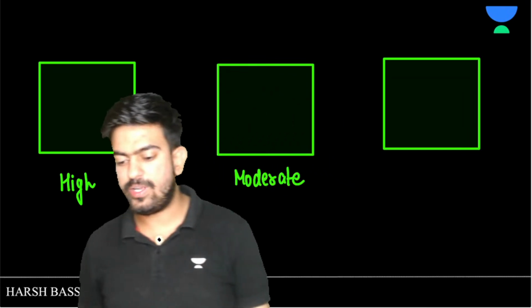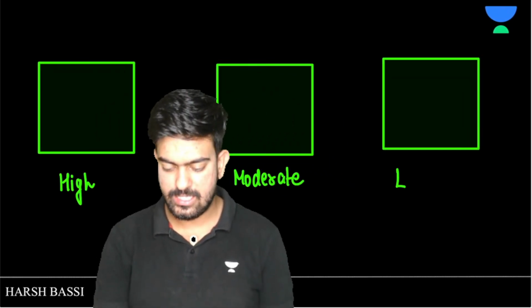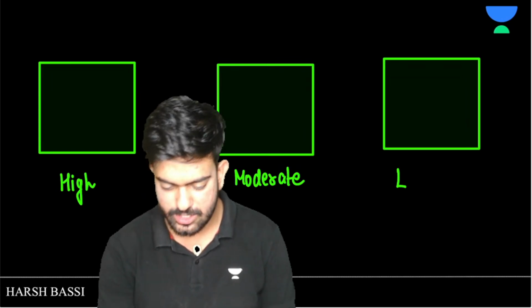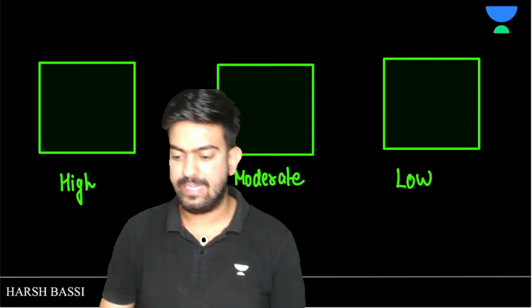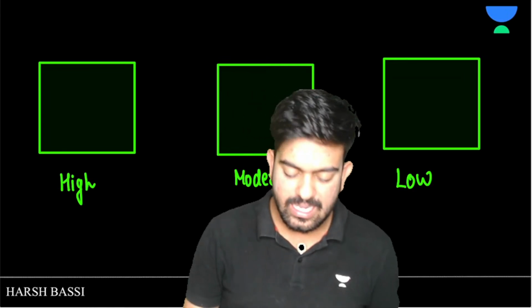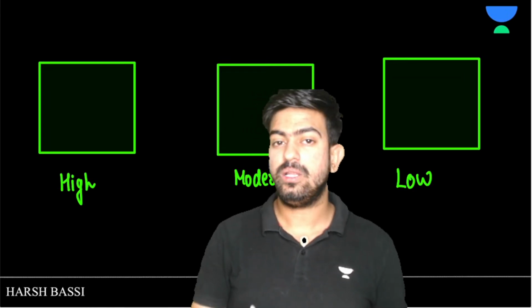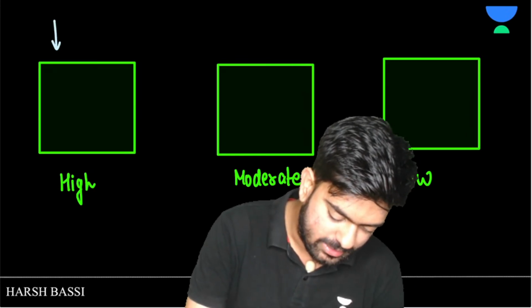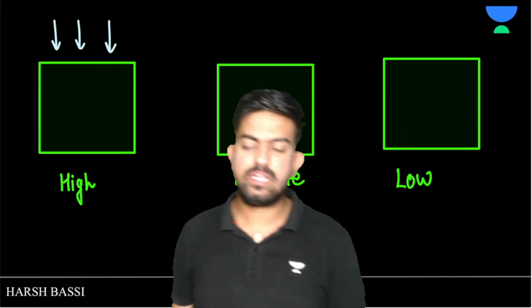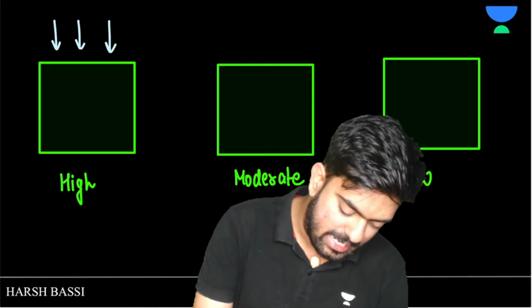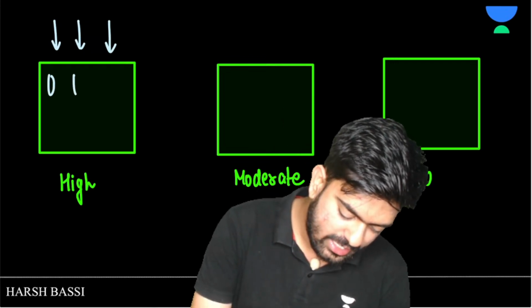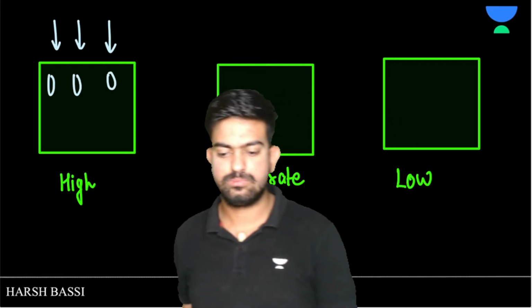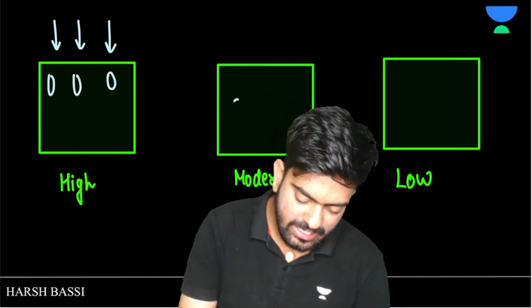And this one is the low light intensity. Clear? Okay. In high light intensity, what will happen? Parallel, so parastrophe. If the light is coming from here, the chloroplast is going to arrange themselves like this. Moderate, anywhere.